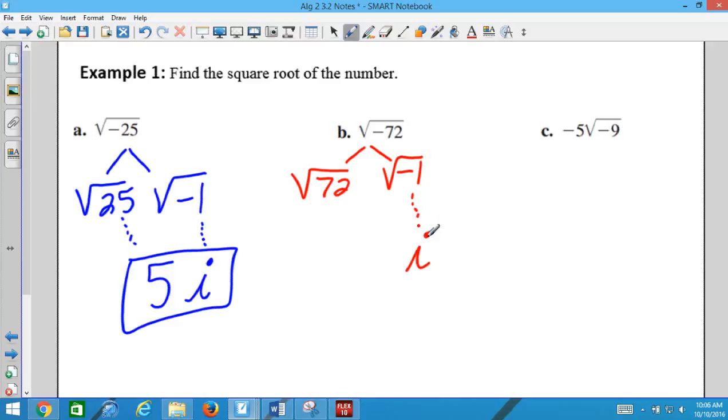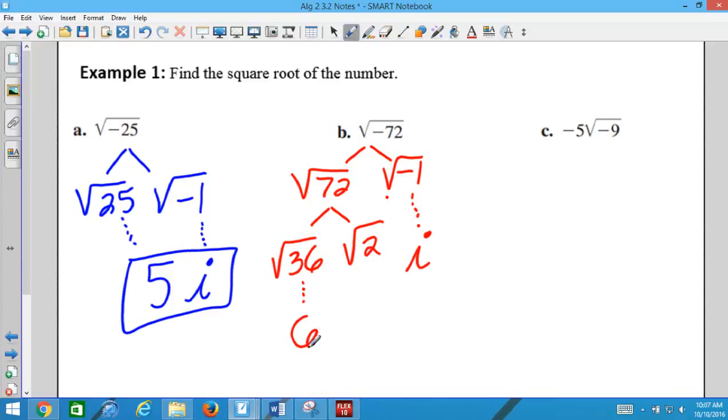No. So if it's not a perfect square, we have to see if it has a perfect square that we can pull out. What perfect square goes into 72? 36 goes into 72. 36 multiplied by 2. So we take the square root of 36, and that is 6.